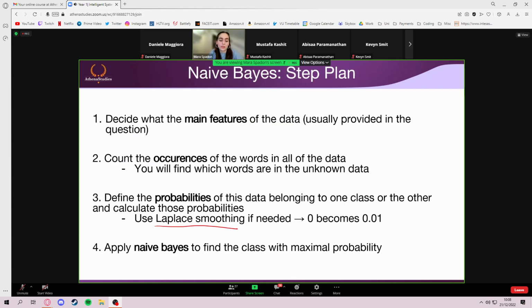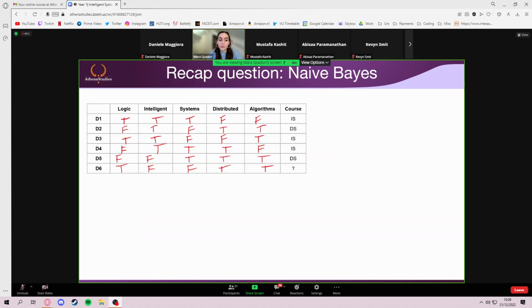So let's go back to our step plan. Define the probabilities of this data belonging to one class or the other class and calculate those probabilities. Okay, so what do we want to know eventually for D6? What are the 2 probabilities that we want to find? If it is IS or DS, exactly.